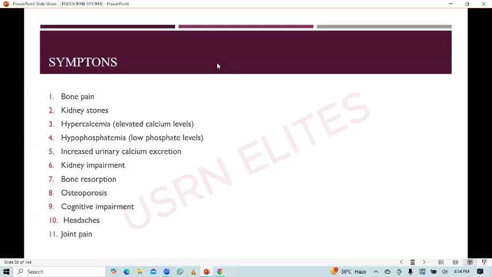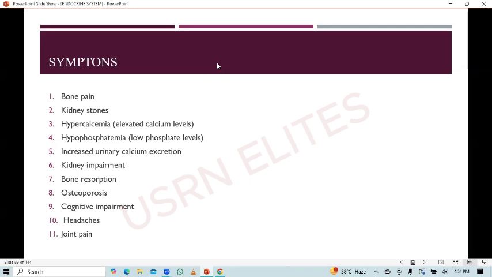In the same way, in this condition, because there's excess production of calcium, the body will try to get rid of the excess calcium through excretion. So the body will try to urinate more of the calcium. That is why we have increased urinary calcium excretion.